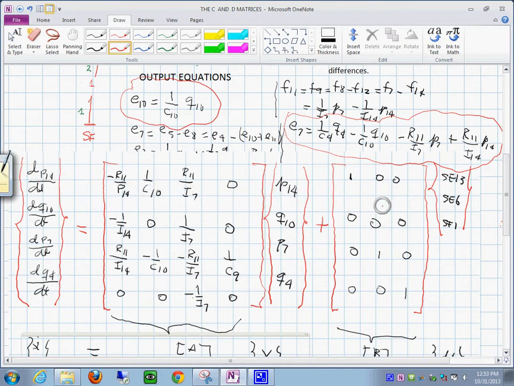We derived all those, and each one of the four equations that we derived is one row of these matrices. We found an expression for this derivative, and then we wrote it in matrix form, in a row. So we multiply this row by this column and it should reproduce equation number 3. You multiply this row by this column and you add this, and it should reproduce equation number 4. So that's how this works.